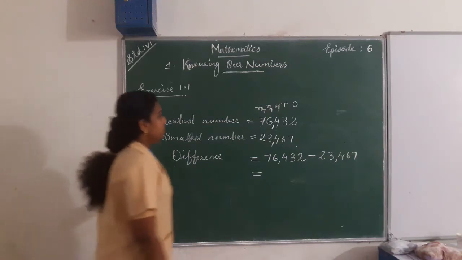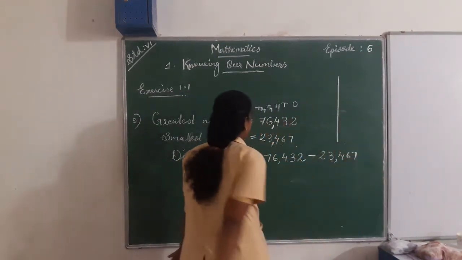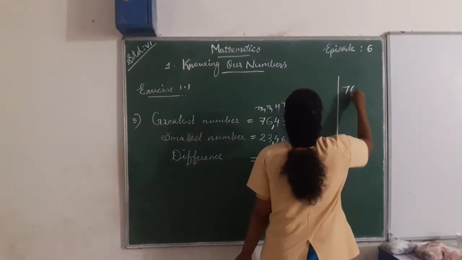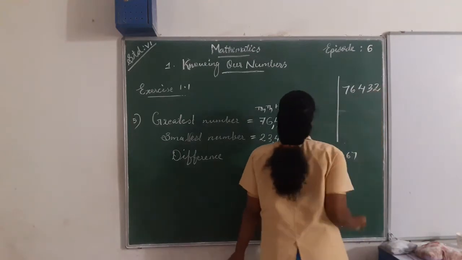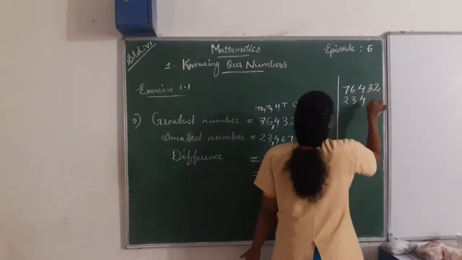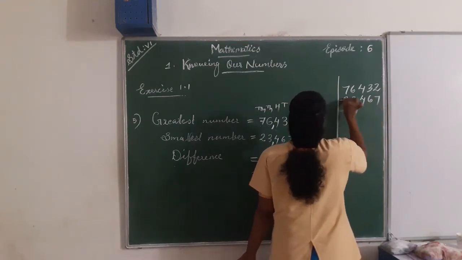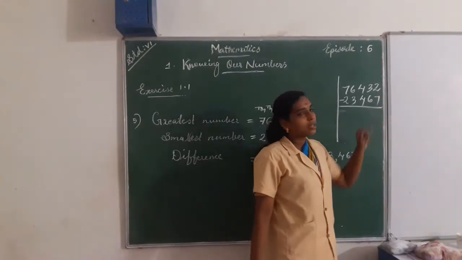So we subtract the numbers 76,432 and 23,467.